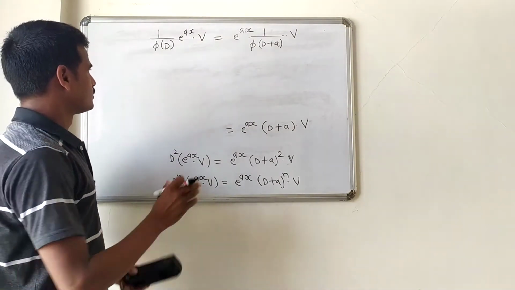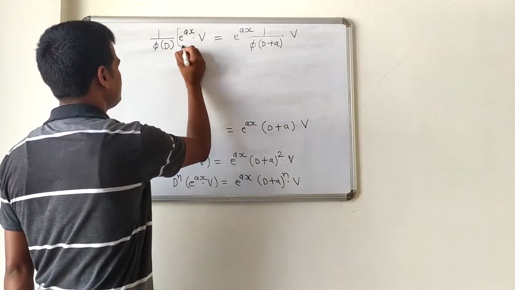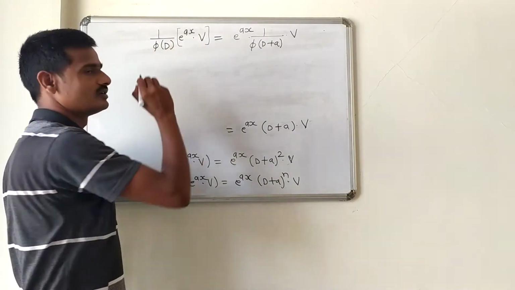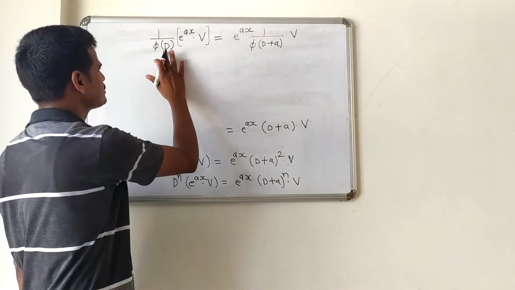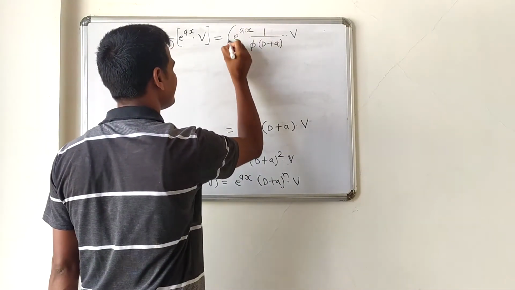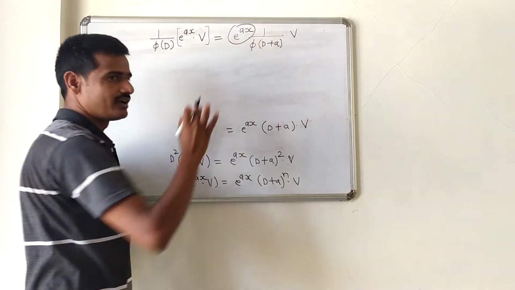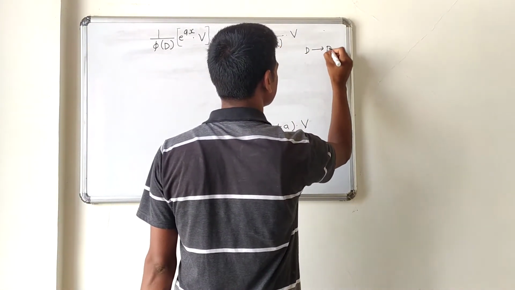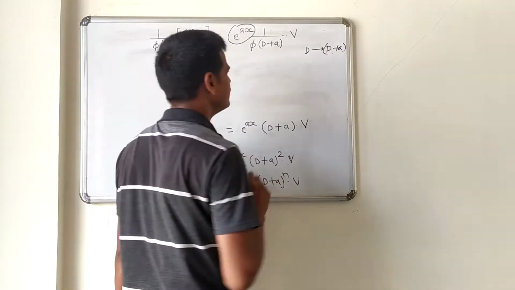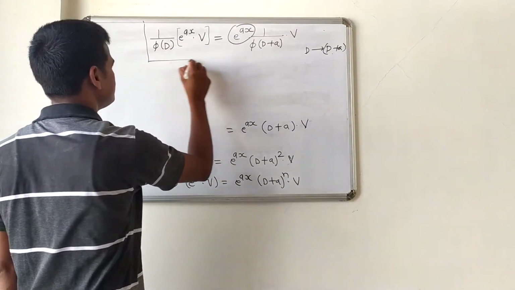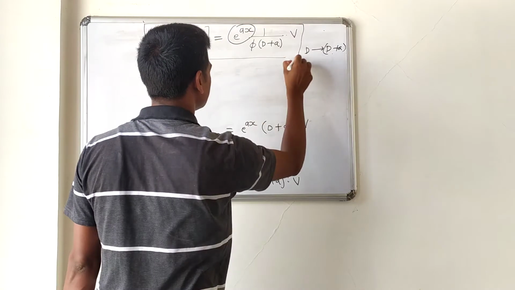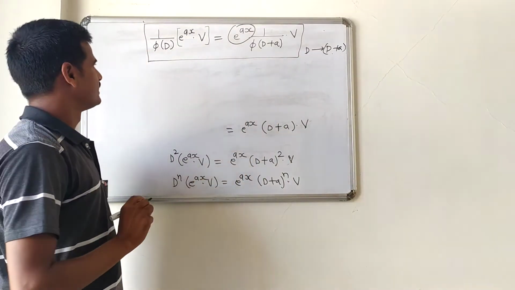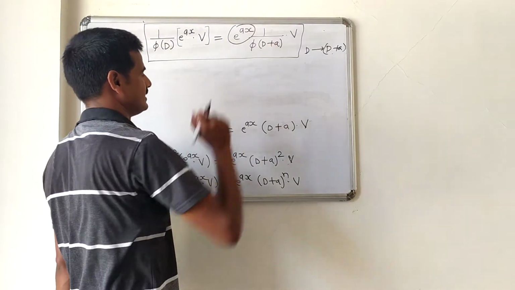So you write e to the power ax to the left of this operator and replace D by D plus a. This is the very important result in this case.